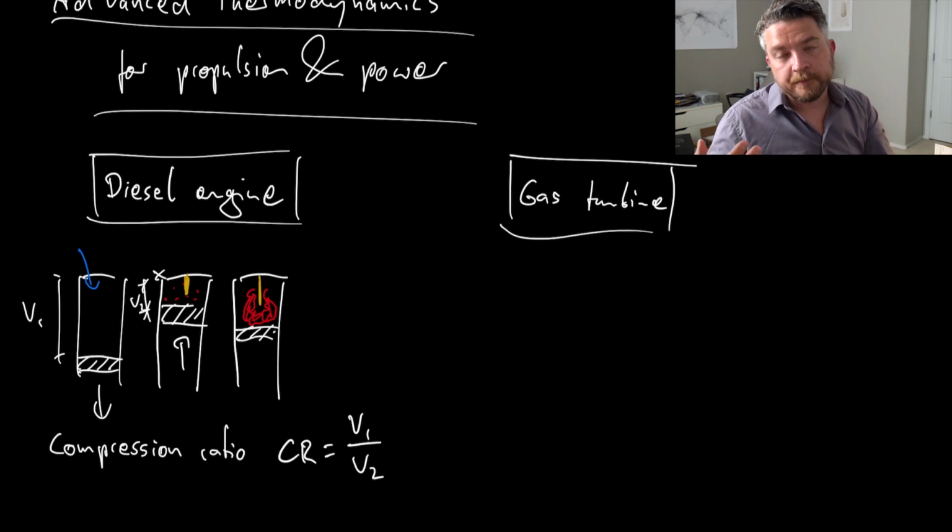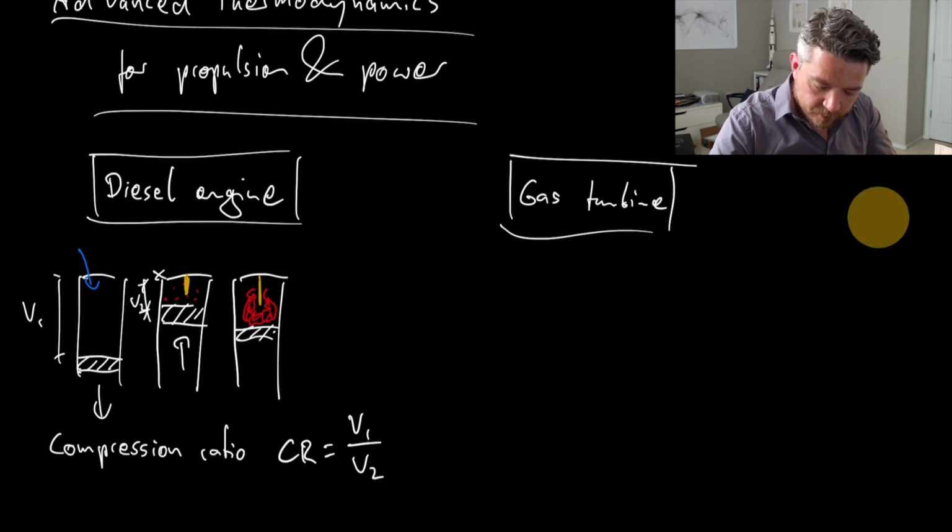So for example, practical engines nowadays have a very high bypass ratio. That means that most of the air is actually not going through the engine. But we're not interested here in the aerodynamics of how to build an engine, but really of the thermodynamics of what's going on inside. So we'll just focus on that.